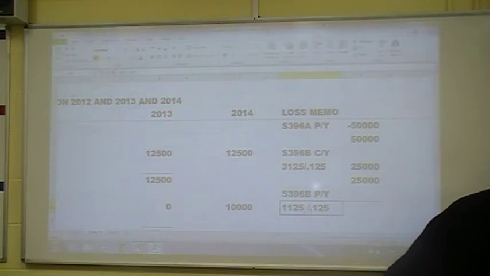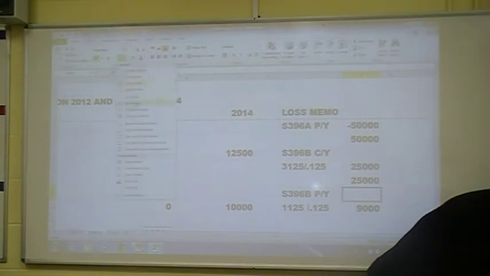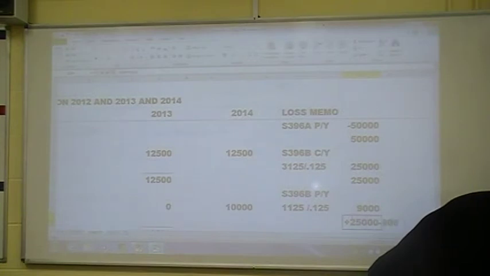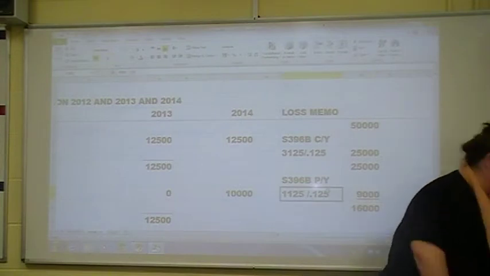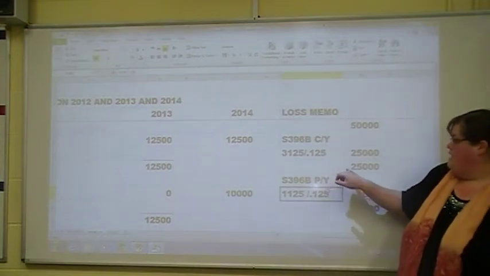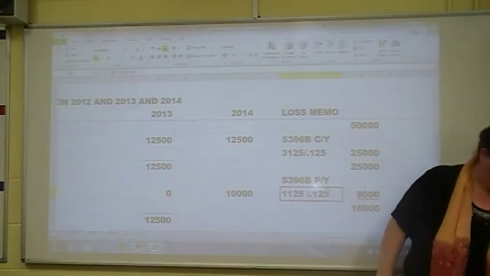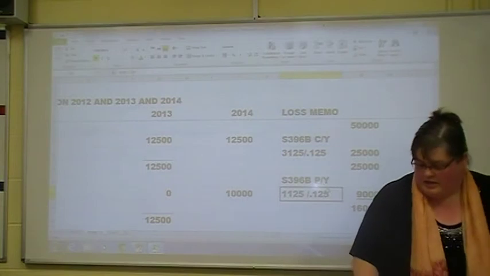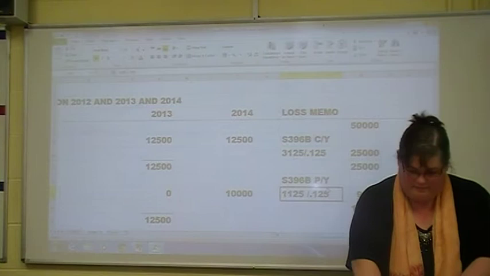Divided by 0.125, which is 9,000 euro. Which means we have 16,000 left, don't we? We need 9,000 now for our prior year to shelter 1,125 euro worth of corporation tax liability.